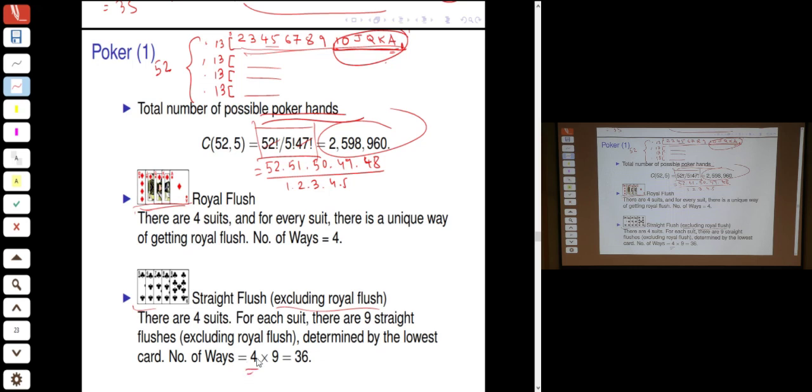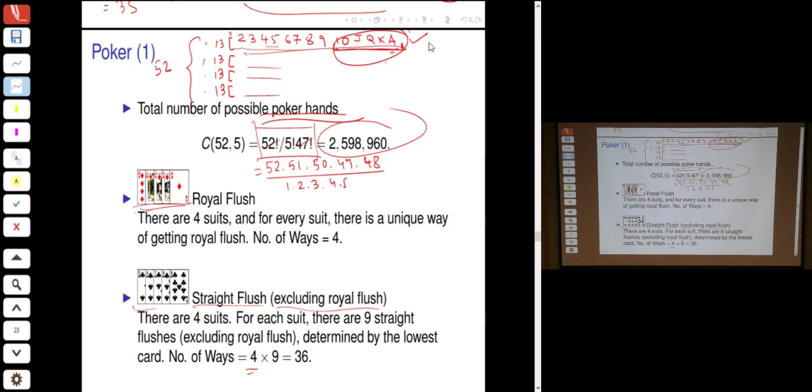Once you know which suit you are picking from, then you notice that for the straight flush you need to pick 5 consecutive cards from this suit. So, let us imagine that you have chosen this particular suit. So, you need to choose 5 consecutive cards from this suit.